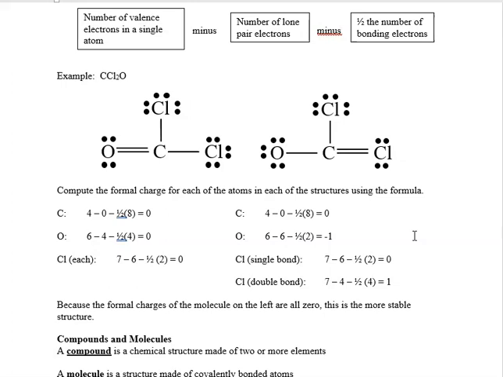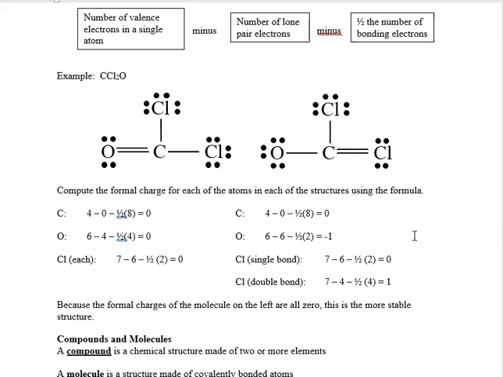Now oxygen. The oxygen in this structure has 6 valence electrons. You can count that it has 6 lone pair electrons, and that it has 2 bonding electrons with the carbon. So you cut that 2 in half. You multiply that by a half, and you get 1. So it's 6 minus 6 minus 1. So now we have a number that's not a 0. It's negative 1. And now we're going to do the 2 chlorines separately because they're not identical.